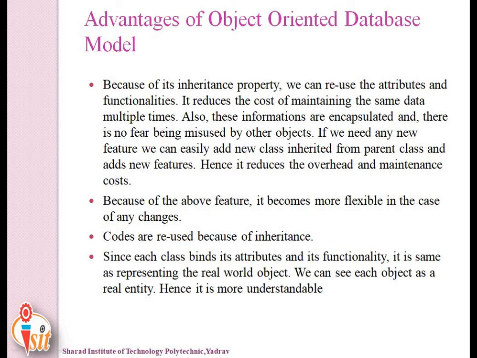We can see each object as a real entity, hence it is more understandable. And that's why it gives improved performance. There have been a number of benchmarks that have suggested object databases provide significant performance improvements over relational database management systems.